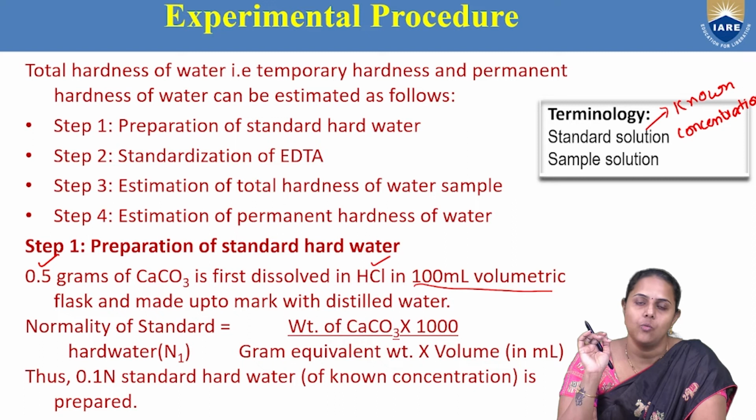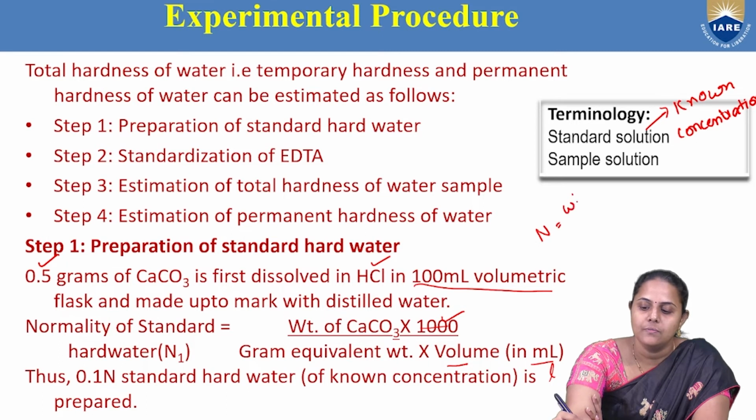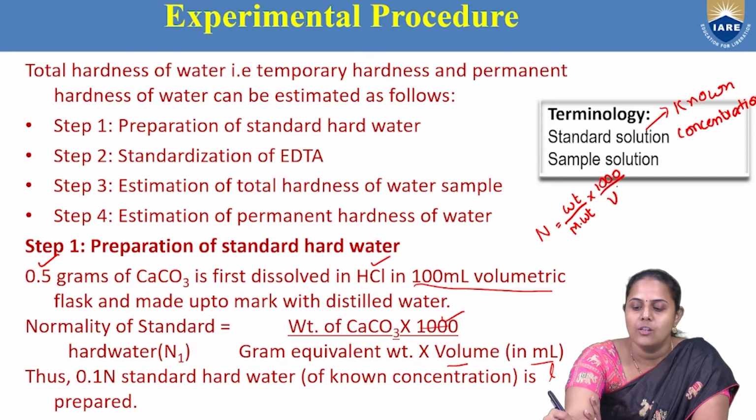Normality is always equal to weight of the solute by molecular weight of the solute into 1000 by volume in ml. If the volume taken is in ml, we need to include 1000. If the volume taken is in liters, no need to include 1000. Volume means volume of the volumetric flask, that is the solution we prepare, in ml.